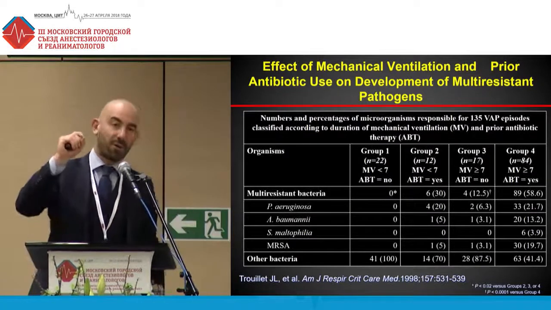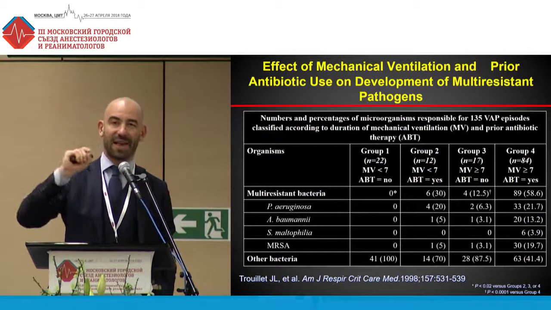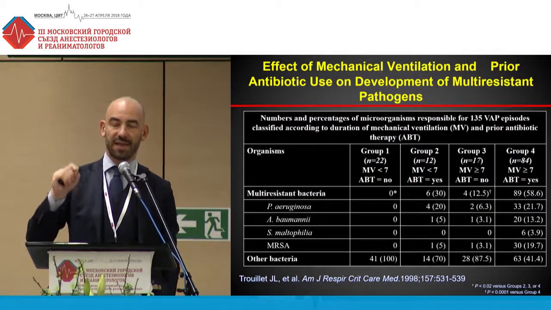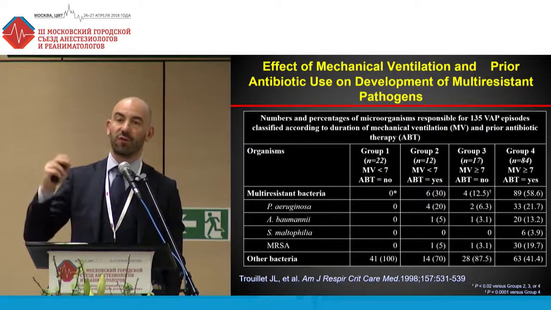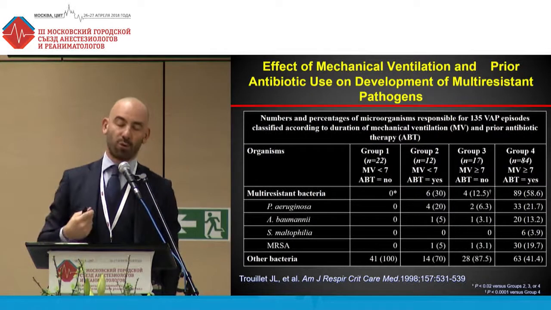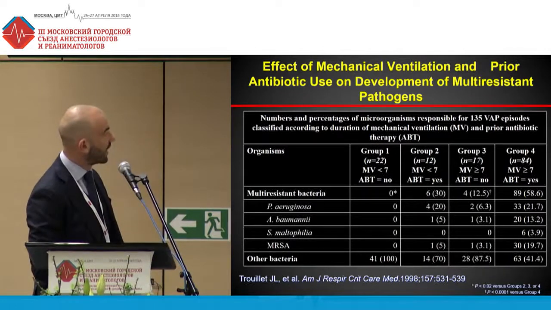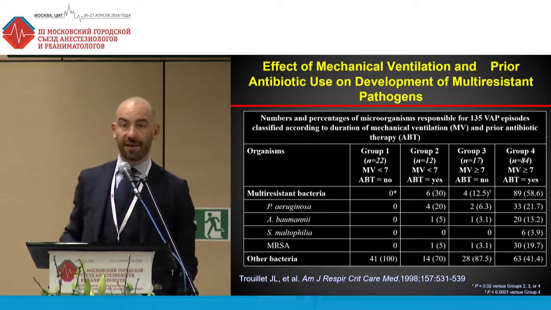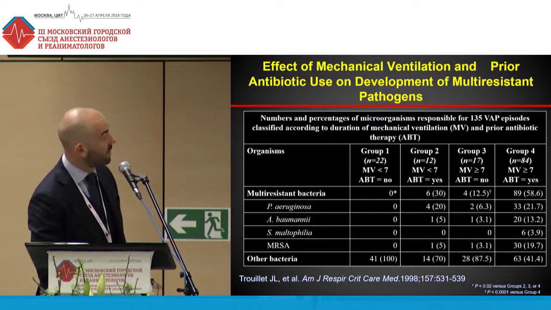One important point that you have to consider in the selection of the antibiotics is the effect of some risk factors for the promotion of multi-resistant organisms. This is a very old study published by Trouillet, in which they analyzed 4 groups of patients.